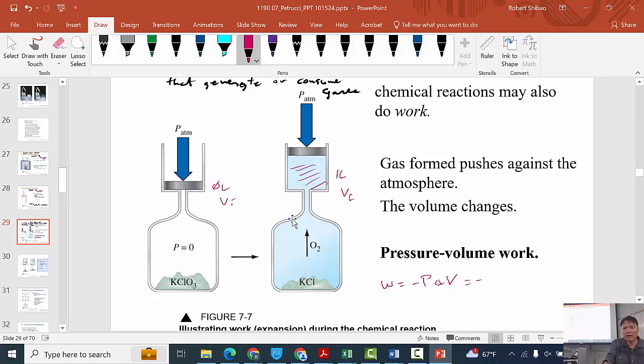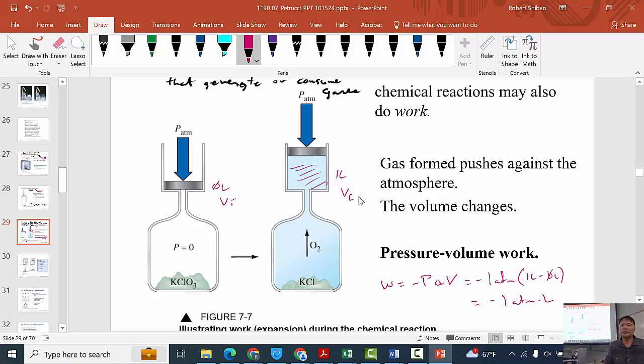So this is minus 1 atmosphere times V final, 1 liter, minus V initial, 0 liters. And this comes out to minus 1 atmosphere liter.